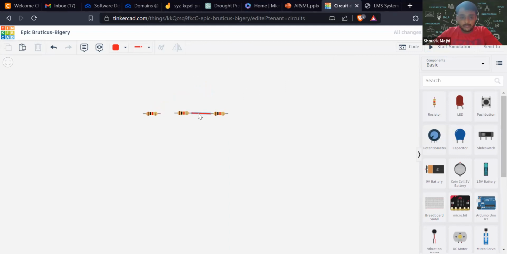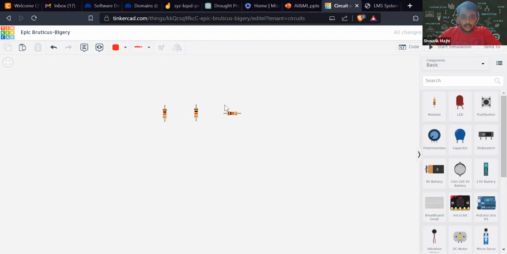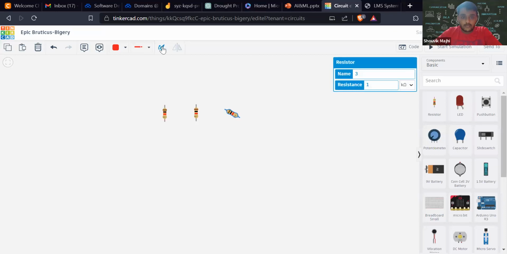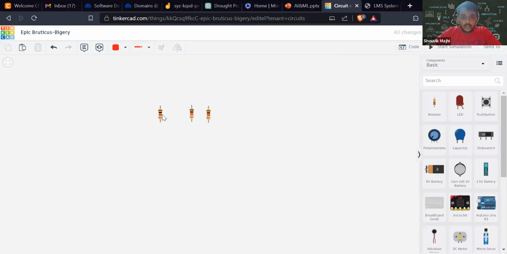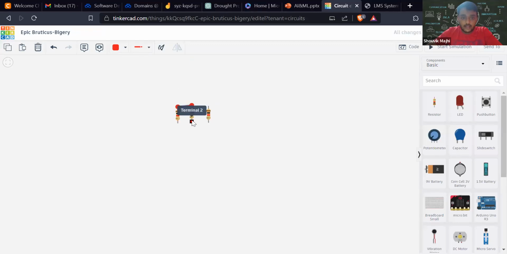For example, if these are my 3 resistors and I want to connect them in parallel, my parallel connection should look like this. This is my 3 resistors. Let us connect them together.